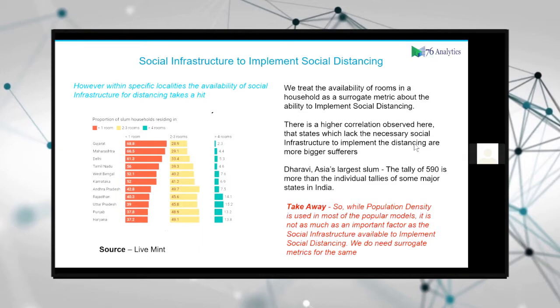There is a classification of the number of people whose household structures are just one room. In Gujarat, it's about 69% of those people staying in informal accommodations, which is slums. 69% is one room. In Maharashtra, it's not far behind, about 67%. In Delhi, it's 61%. And progressively in other states, it's lower.